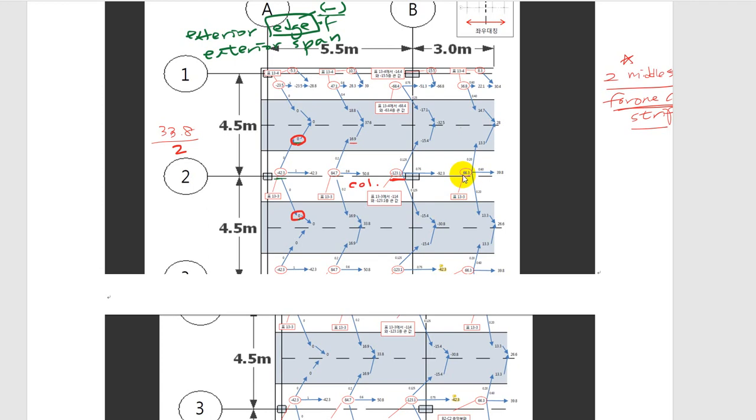And there's another positive moment. Okay. And this positive moment is going to be divided by 39.8 and 26 something, which is divided by 2, becoming 13.3 at this middle strip and this middle strip. Alright. So now do you understand how we separate them into the column strip and middle strips?